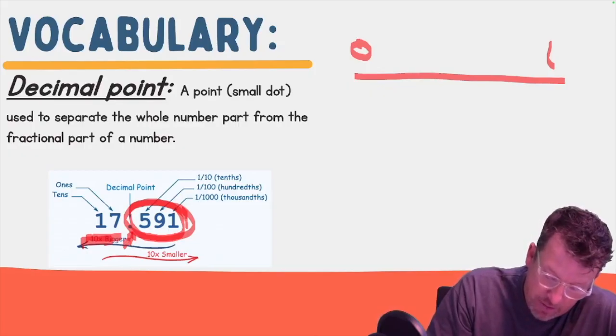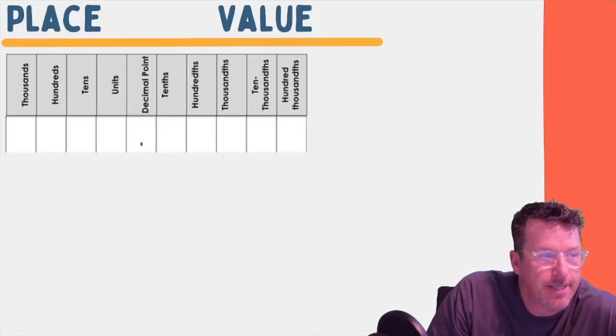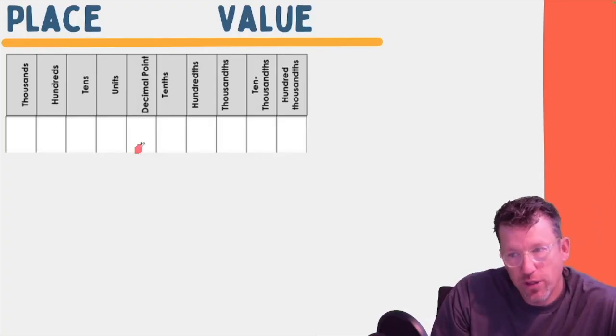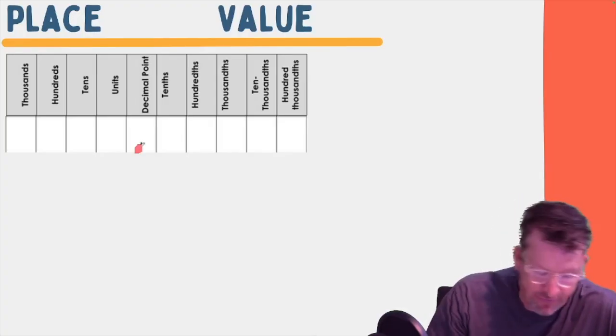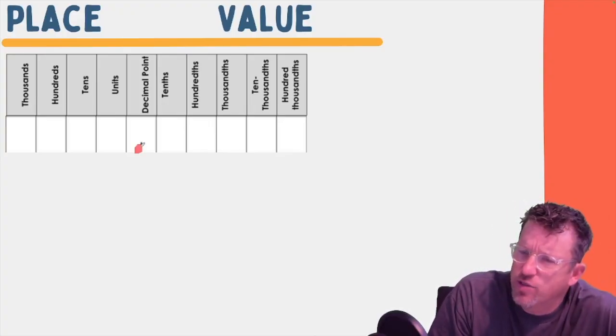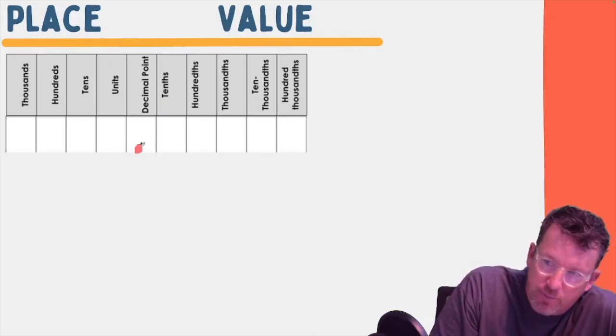Next up, if you understand that, now we've got to get to a place value chart. Go back to that decimal point. It's right here. I think it's real important that you understand the names of these. You can remember back to, I think third grade is when you start, or maybe even second grade, working on the place value chart.